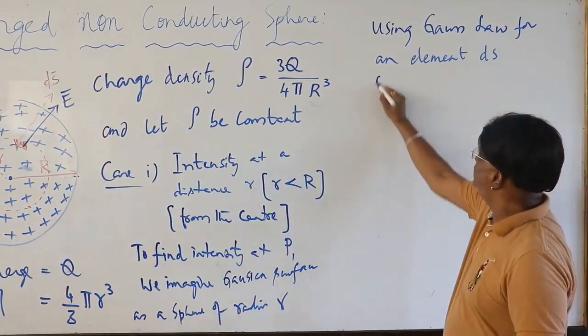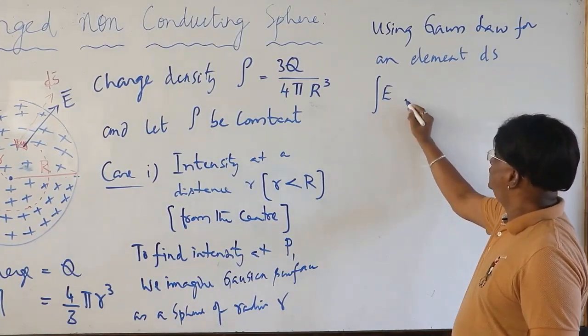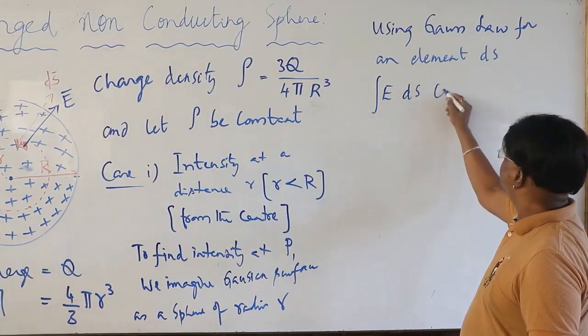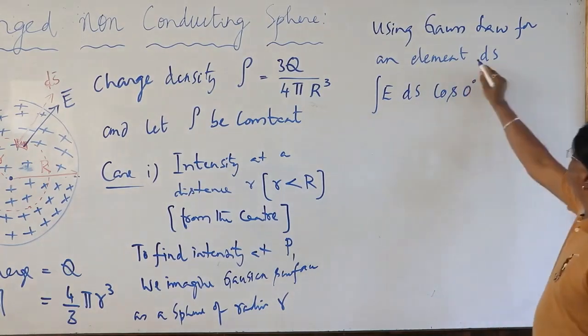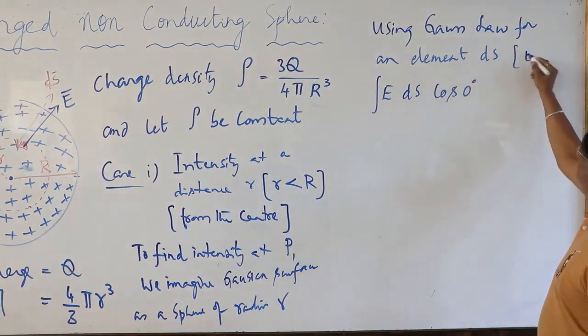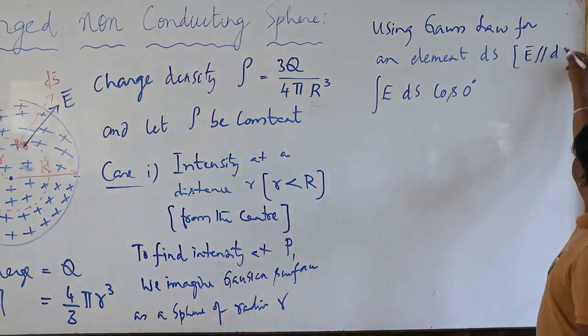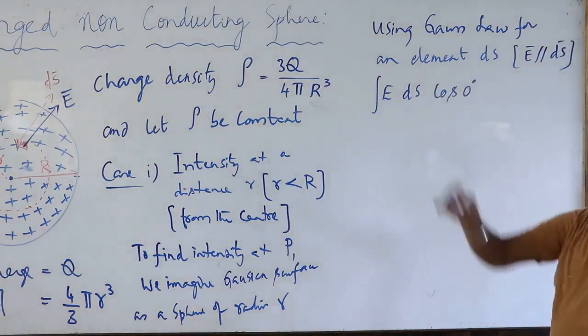We get integral E ds cos 0 degrees, because at an element ds, let us remember E bar is parallel to ds bar, which is shown in the figure.